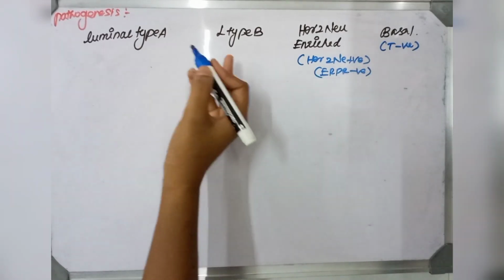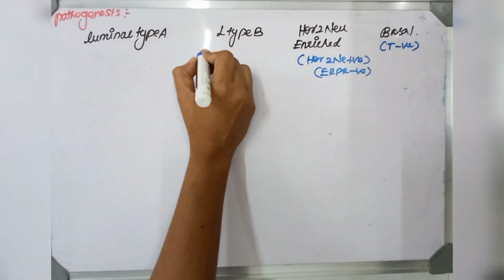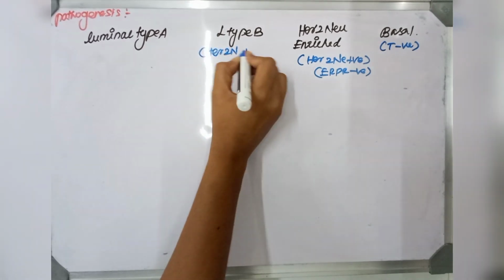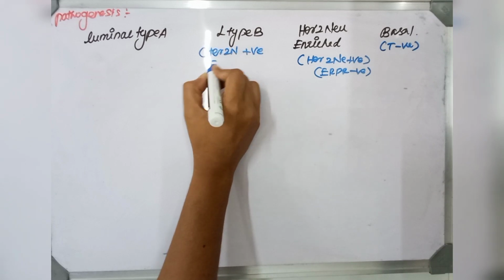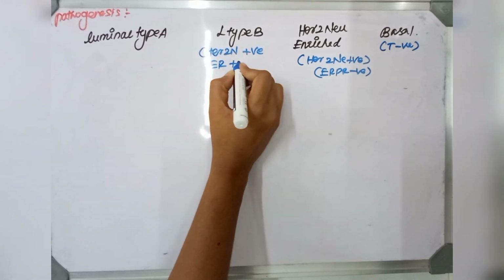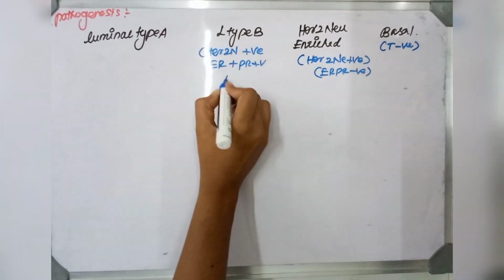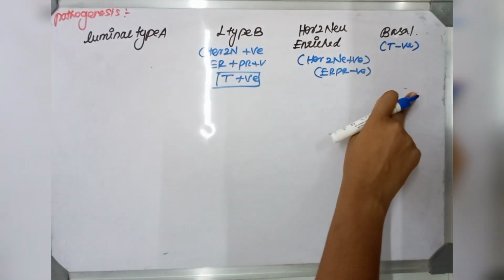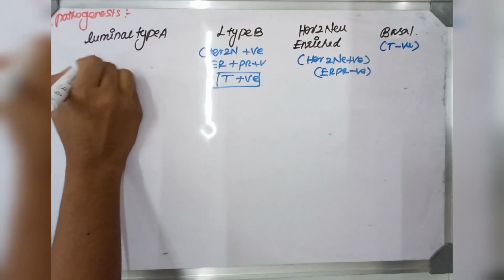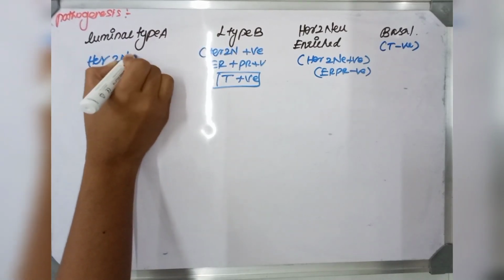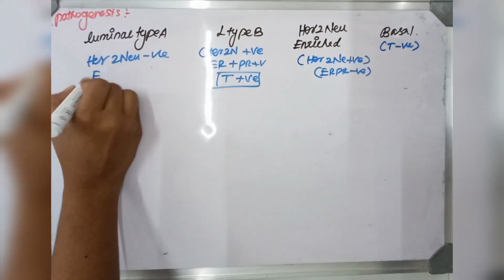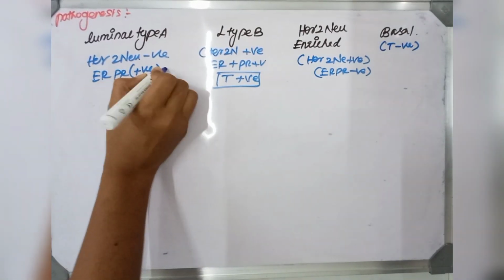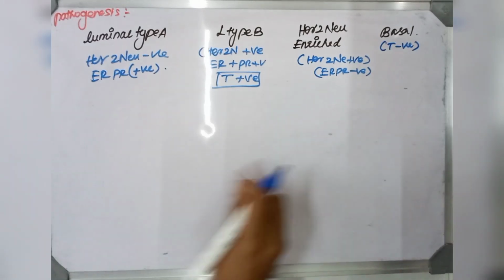Other than this is HER2 positive along with ER. This is triple positive, ER, PR positive. This is triple negative. And this is HER2 negative, and this is ER, PR positive. Okay, let's go with the characteristic features.